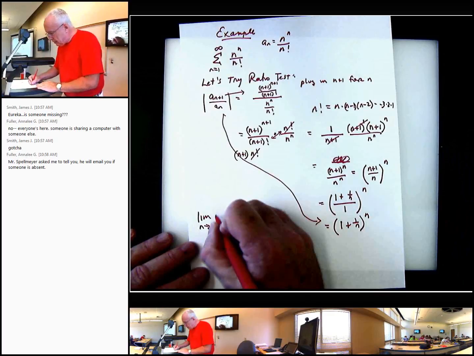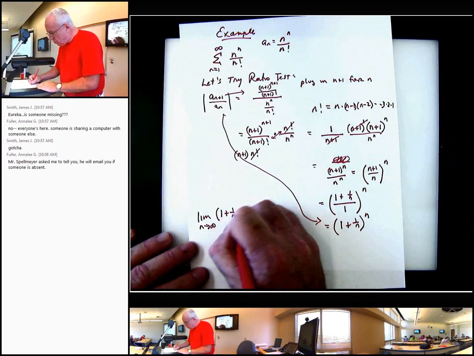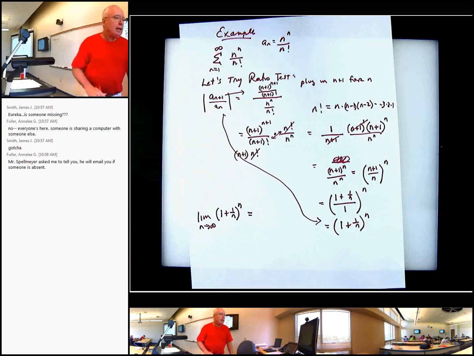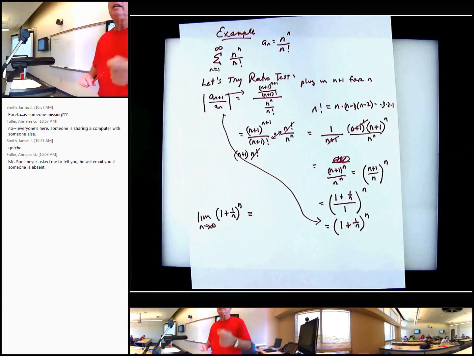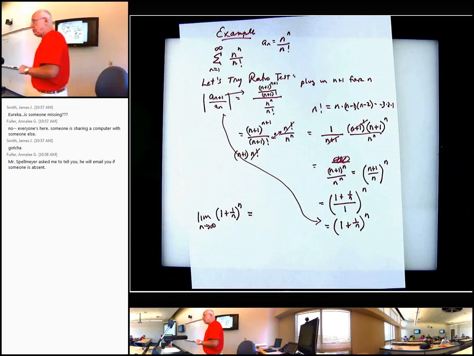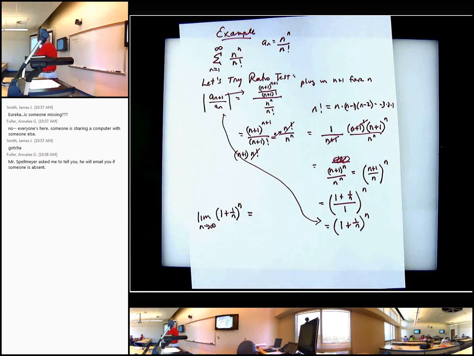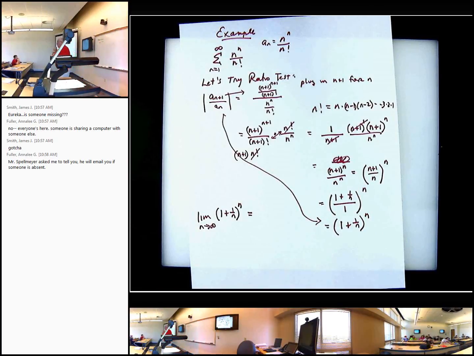So we look at the limit of 1 plus 1 over n to the nth power. And guess what? This actually equals something that we know about. Anybody want to hazard a guess as to what this is going to equal? And it's not 1.